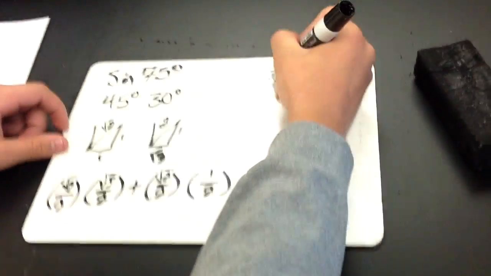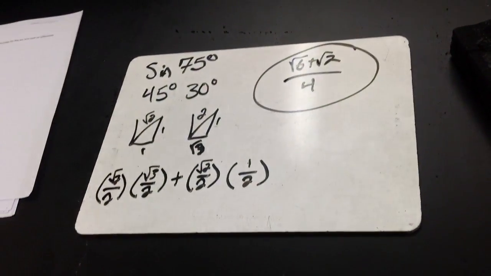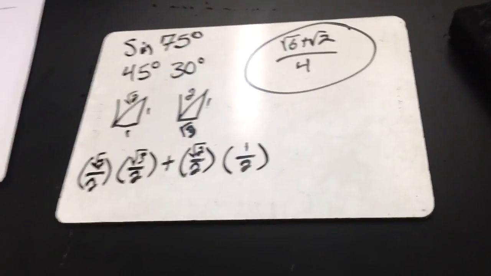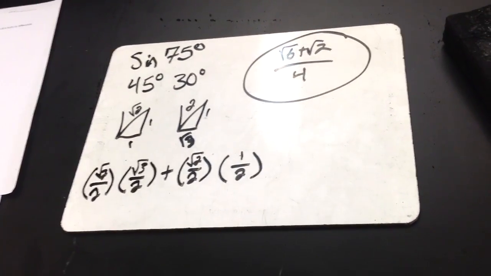So you're going to get this as your final answer. That is what you should get. Root 6 plus root 2 over 4 should be your final answer.